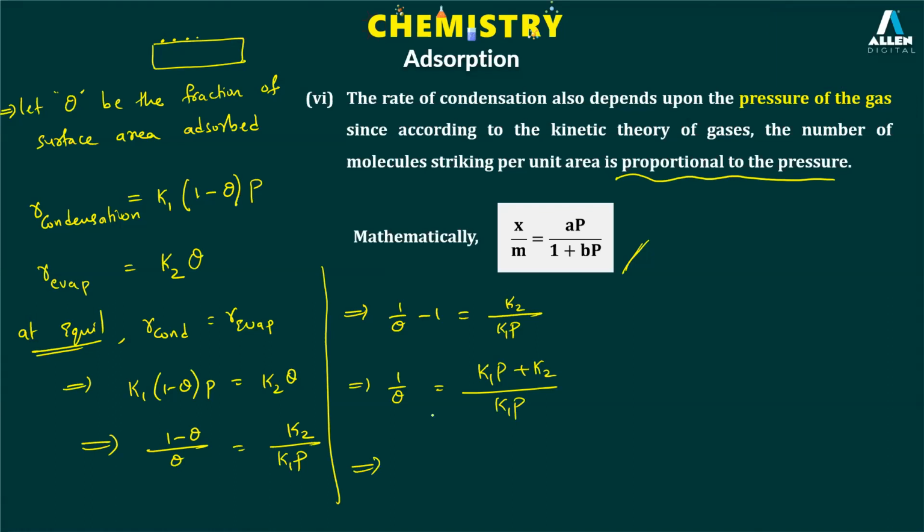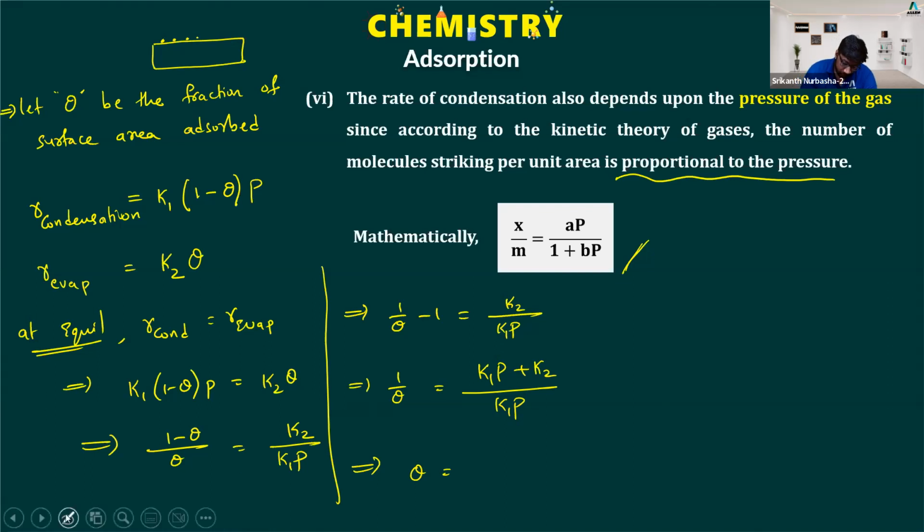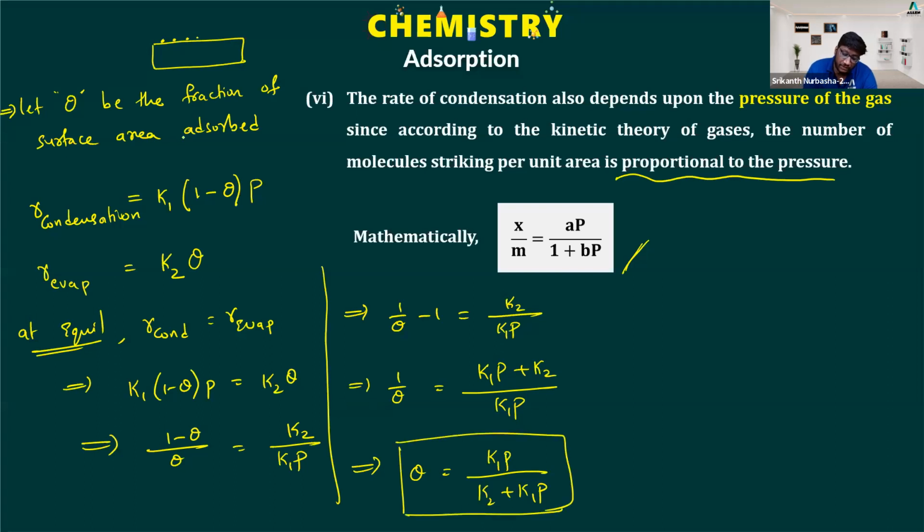Or from here I can write theta as K1P divided by K2 plus K1P. Theta, what is theta? Theta is the fraction of surface area adsorbed. Can I say extent of adsorption?